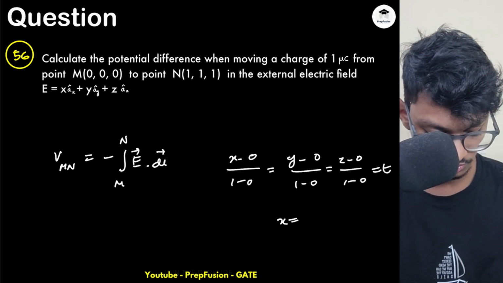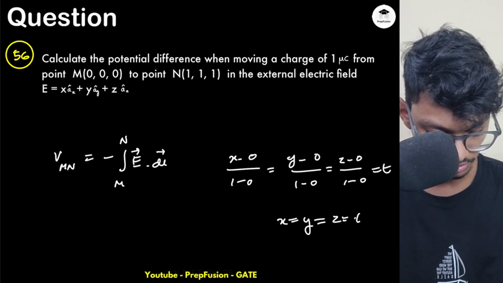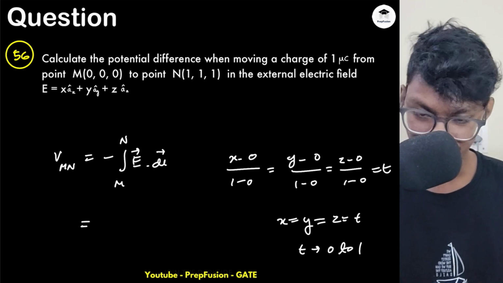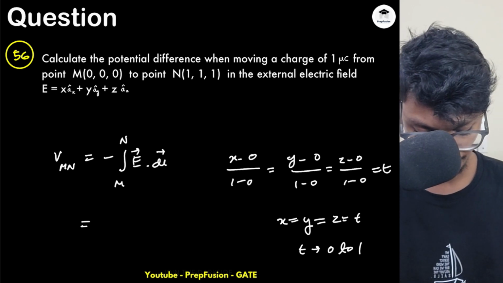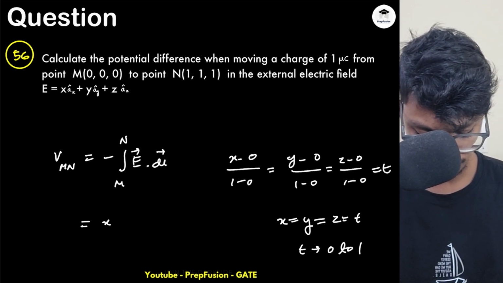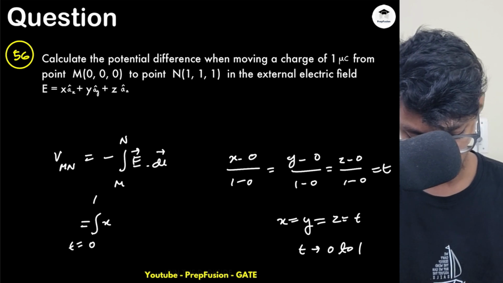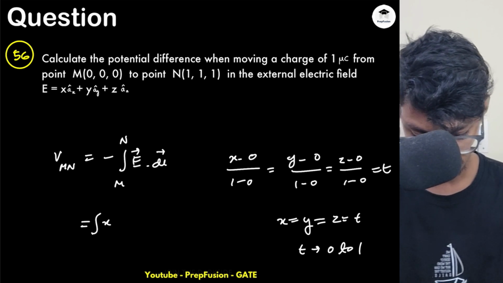So x equals y equals z equals t, and t limits will be from 0 to 1. Things will become very simple here. So dl is dx dy dz. I'll write the limits once only, t from 0 to 1.